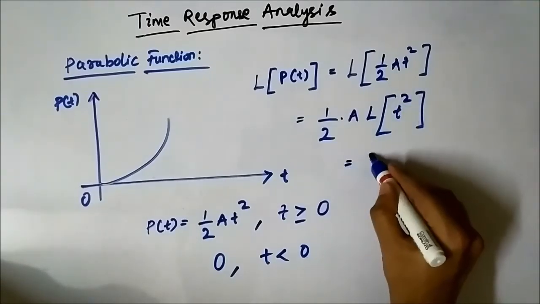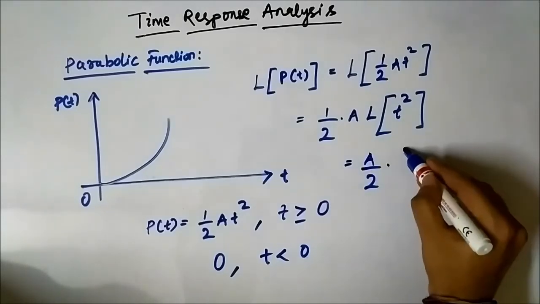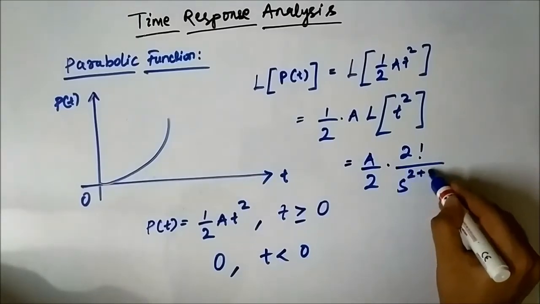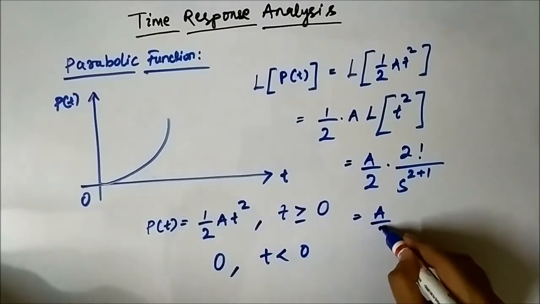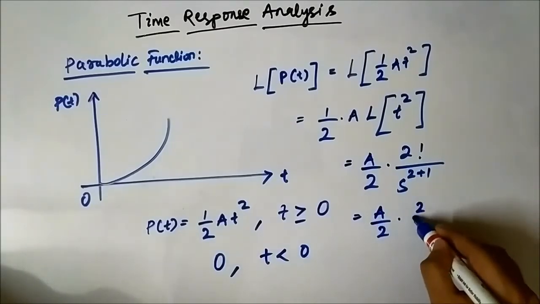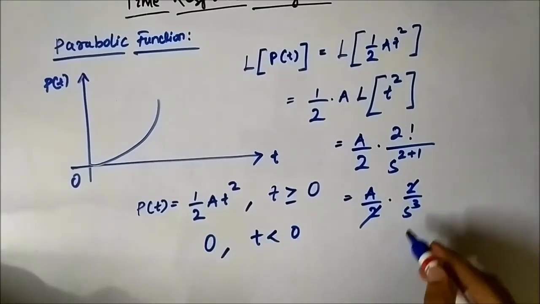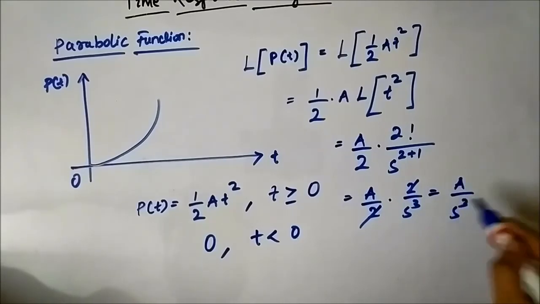So it will be a by 2 into 2 factorial by s to the power 2 plus 1, which will be a by 2 into 2 by s cube. 2 will get cancelled, so it will only be a by s cube.